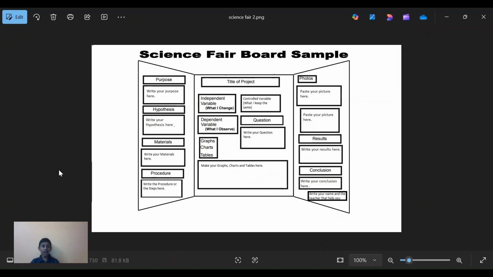The definition of graphs, charts, and tables is: these visual tools organize and present collected data clearly, helping to illustrate patterns, differences, and results for easier understanding and analysis.